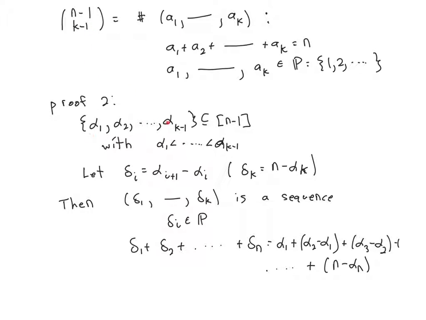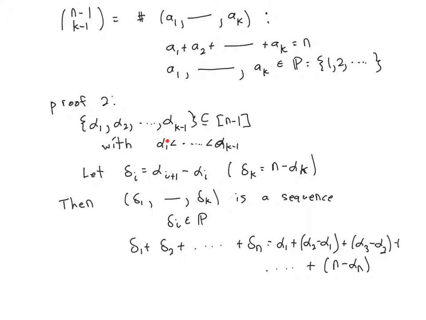Given one of these subsets of size k minus 1, you can order the elements in increasing order, alpha 1 through alpha k minus 1, and you can define the difference sequence as the difference of any two consecutive elements in this ordered sequence, with the caveat that we define delta k to be n minus alpha k.